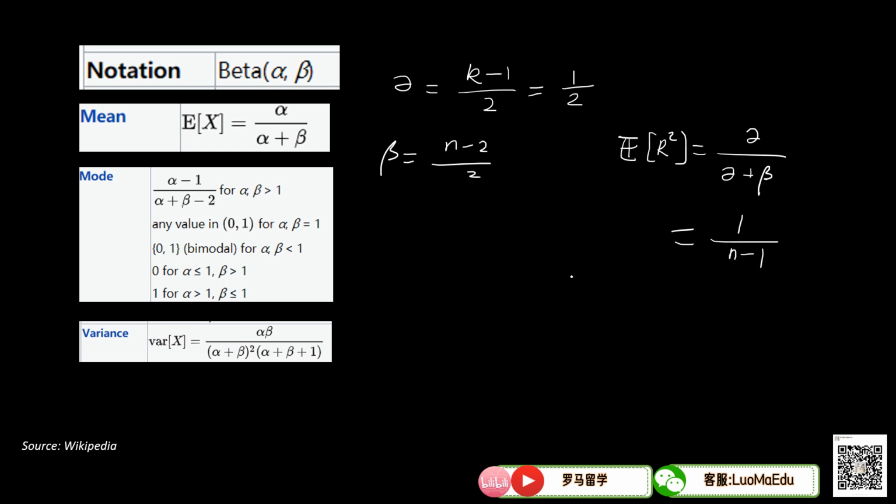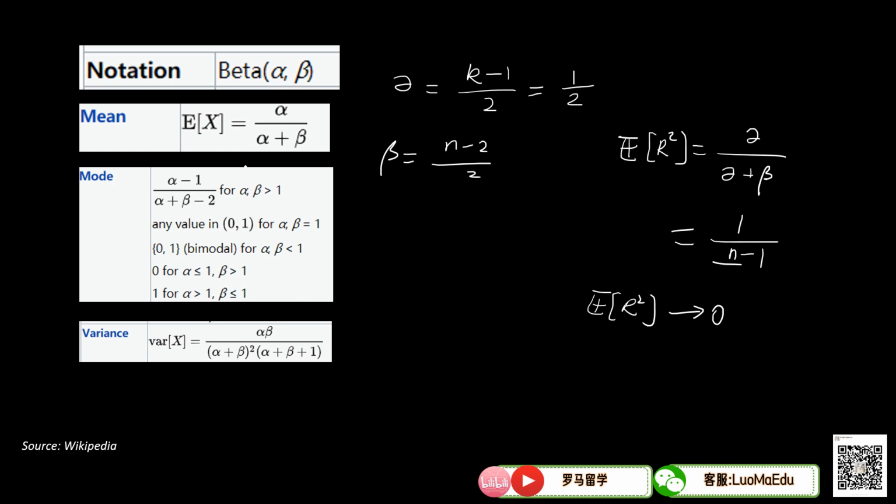If n is very large, the expected value of R square goes close to 0, which is a proof of my intuition. Yes, the expected value of R square equals 0, so there's no explaining power of your x.